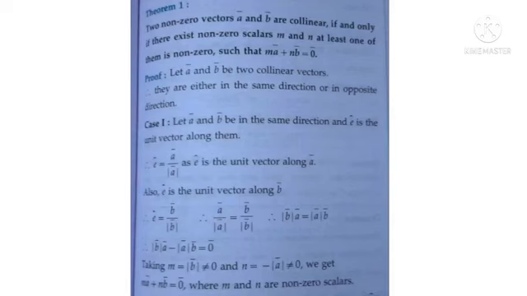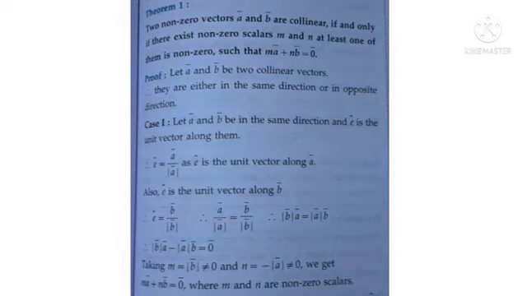Theorem first. Two non-zero vectors a and b are collinear if and only if there exist non-zero scalars m and n, at least one of them non-zero, such that m a bar plus n b bar is equal to 0 bar.